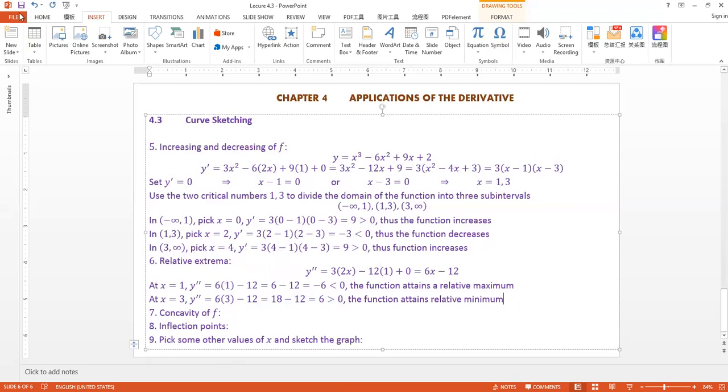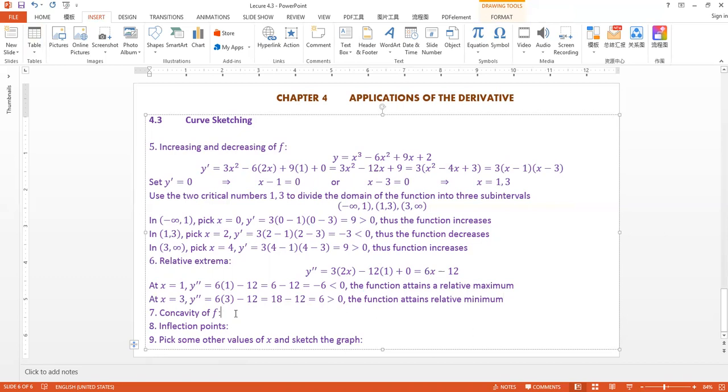As you know, when the second derivative is positive at the critical number, the function attains a relative minimum. Okay, so that's minimum and maximum. So that's step 5 and step 6, pretty long.